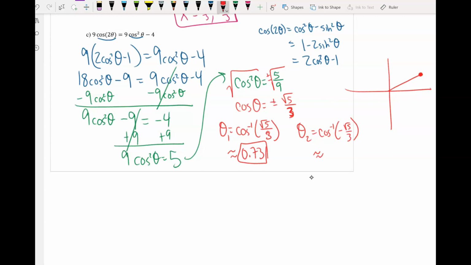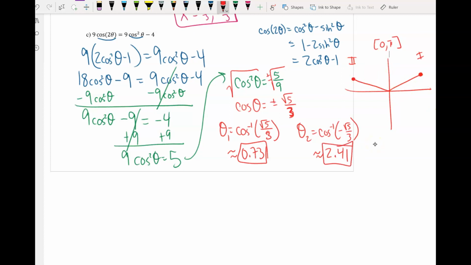My other one is going to be the negative square root of 5 over 3. That's going to give me 2.41, which is basically over here. And the reason why I know that is because remember, cosine inverse has a restriction from 0 to pi. So we know that it can only be between those two values. All right. So these are two solutions.